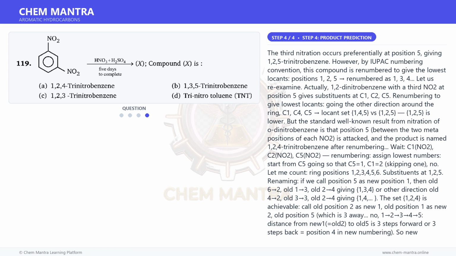But the answer given is B, 1,3,5-trinitrobenzene. The reaction takes 5 days to complete, implying extreme difficulty, with two NO2 groups already on the ring making it very deactivated. The thermodynamic product under such forcing conditions from o-dinitrobenzene ultimately leads to 1,3,5-trinitrobenzene.